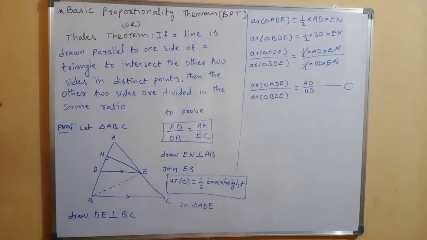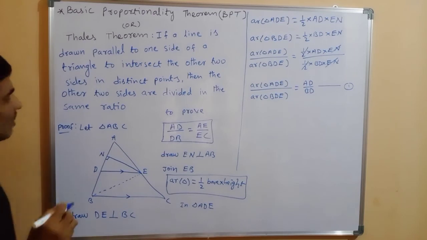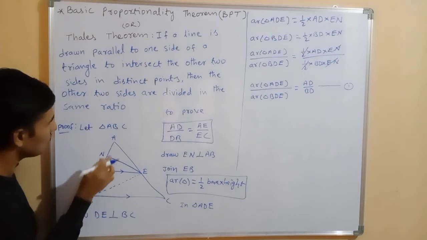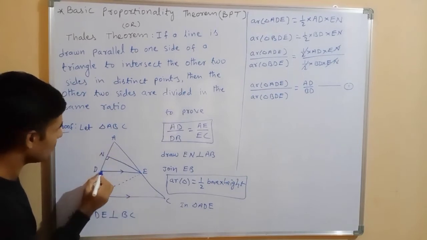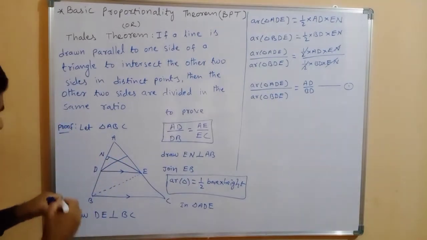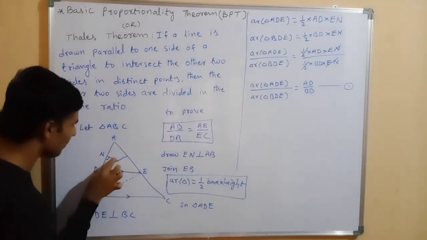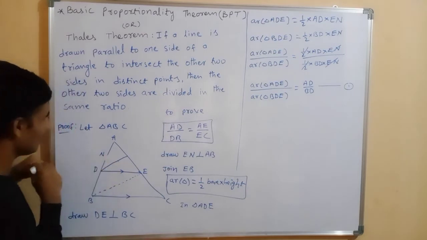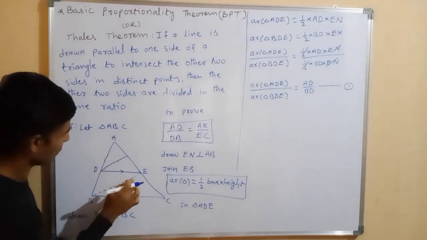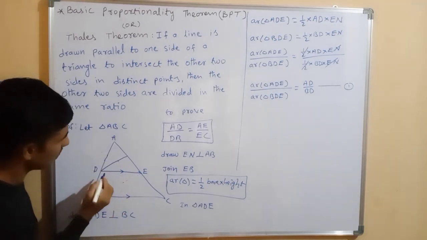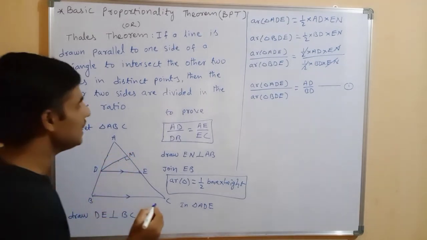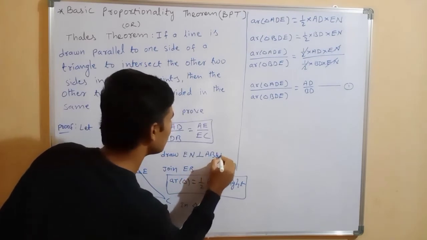Next, I am drawing another perpendicular line from D to AC. Let me take this point as M. So DM is perpendicular to AC. We are taking AC here.